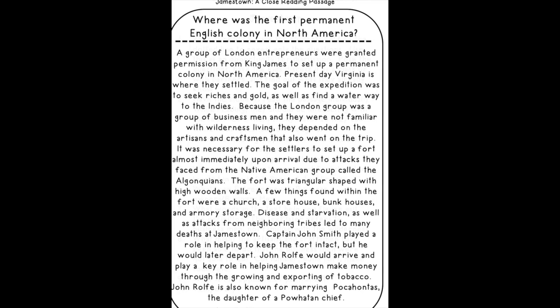Disease and starvation, as well as attacks from neighboring tribes, led to many deaths at Jamestown. Captain John Smith played a role in helping to keep the fort intact, but he would later depart. John Rolfe would arrive and play a key role in helping Jamestown make money through the growing and exporting of tobacco. John Rolfe is known for marrying Pocahontas, the daughter of the Powhatan chief.